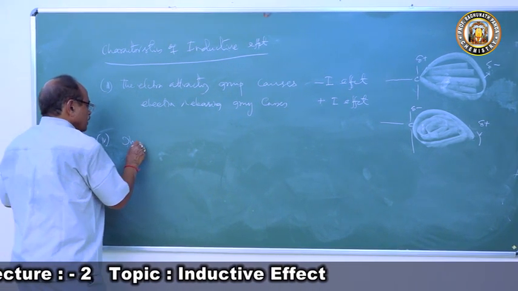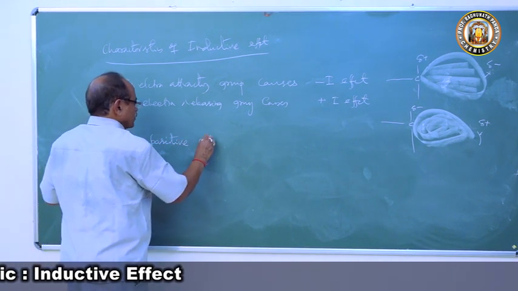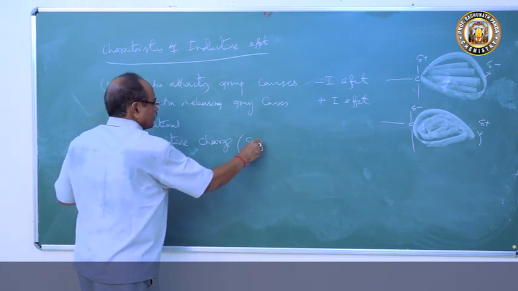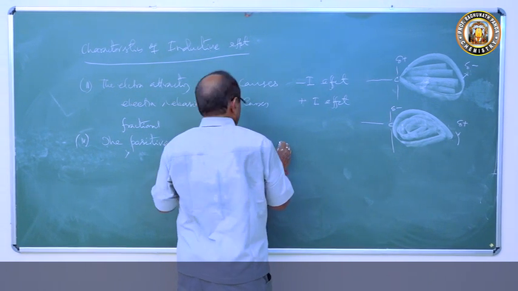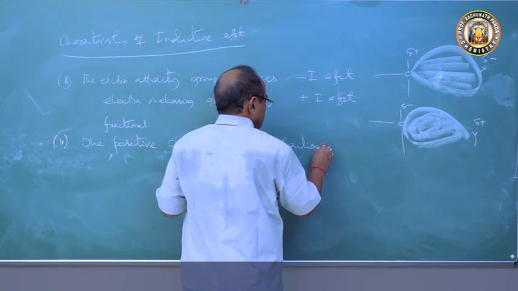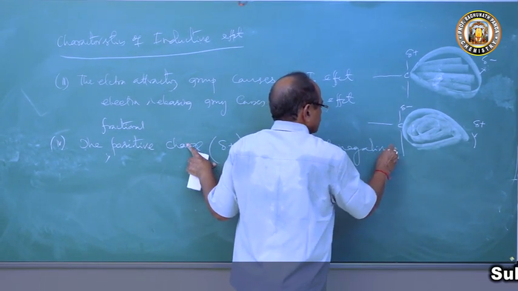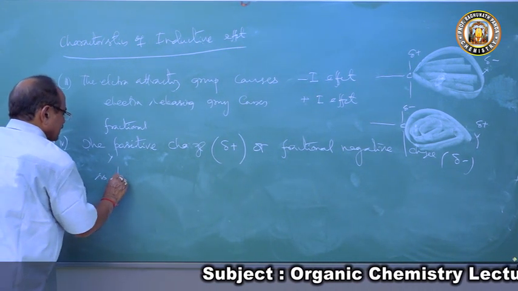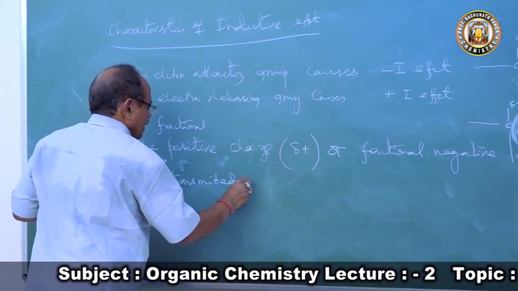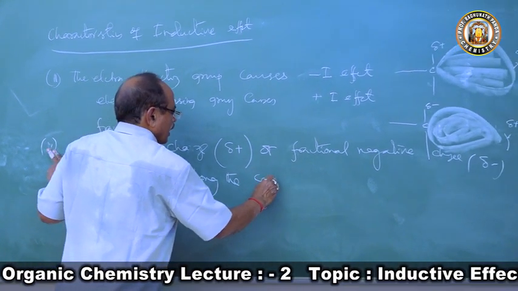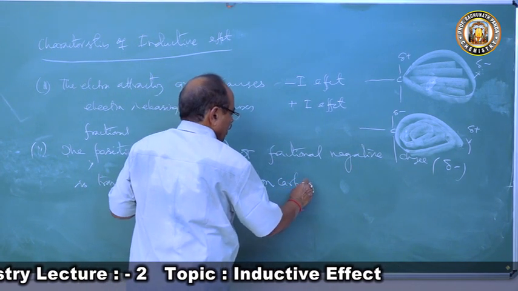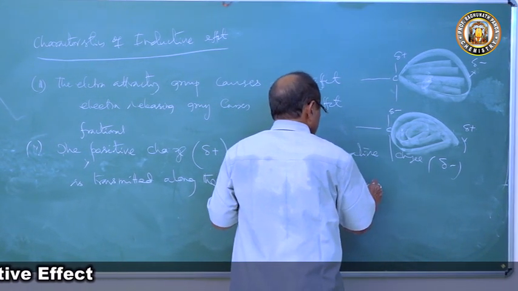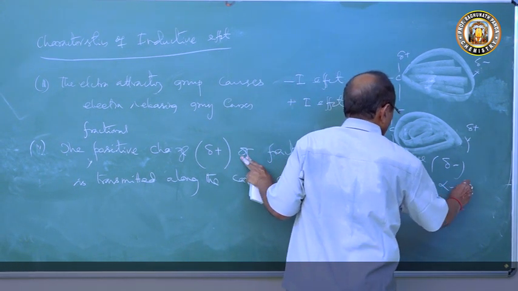Now the fractional positive charge, delta positive, or fractional negative charge, delta negative, is transmitted along the carbon chain away from the alpha carbon atom.